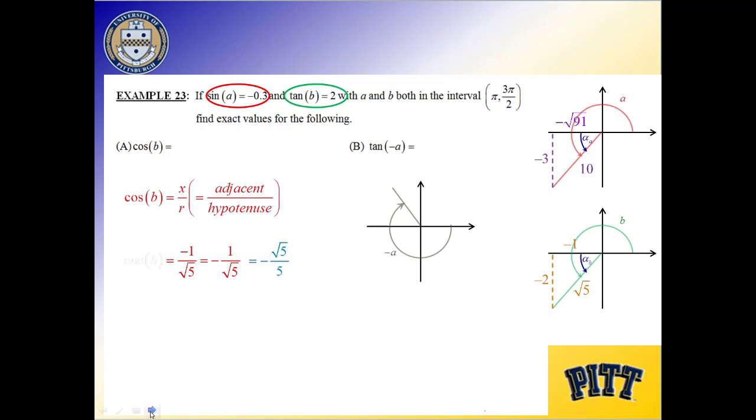In quadrant 2, the tangent is going to be negative. If I did quadrant 3 here, I'd have negative 3 over negative square root 91, or 3 over the square root of 91. Up here, it's going to be negative 3 over the square root of 91. So the tangent of A would be this, which means the tangent of negative A would have to be this. And again, if I wanted to rationalize that, I would have this as the rationalized answer.